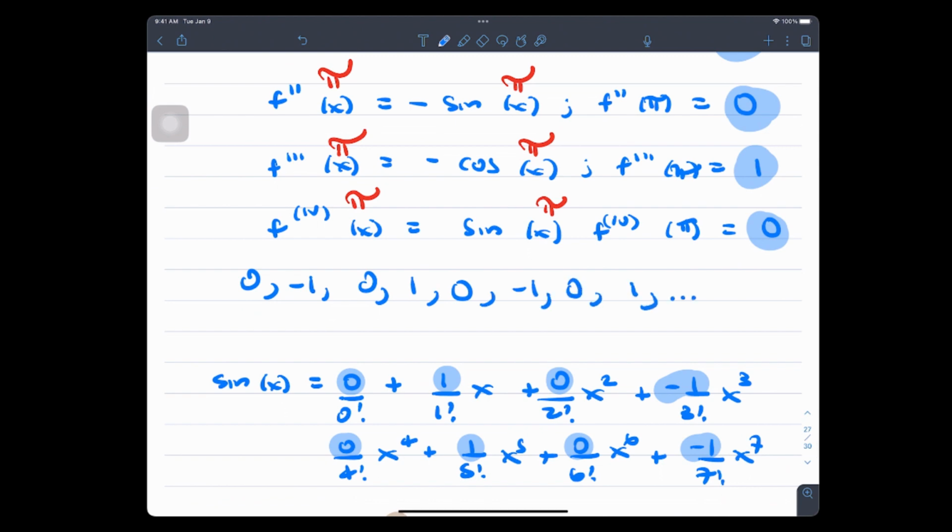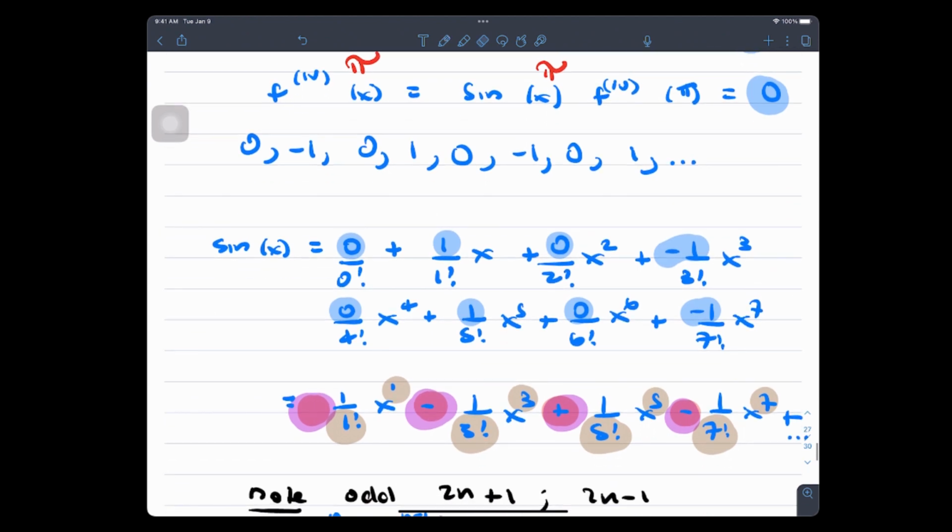The pattern goes on forever now. So let's just see how this changes. So now it's 0, what? -1. Okay, plus 0, plus 1.